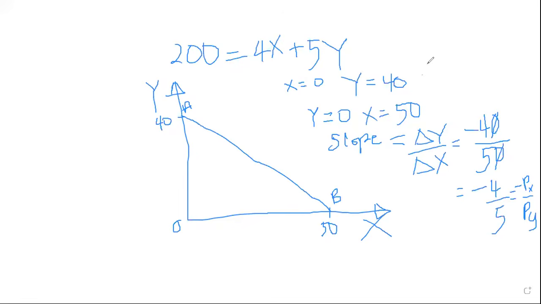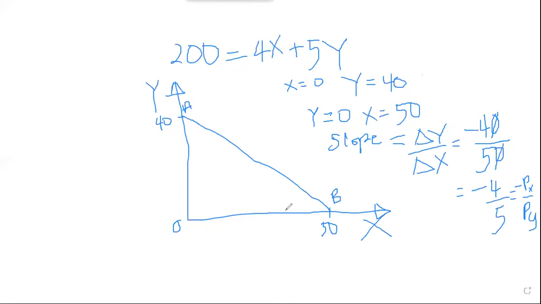I want to know why the 40 changed to negative when we're doing the change in y. I think I've explained that here. Moving from point A to point B, at point A, y is 40 and x is 0. At point B, y is 0 and x is 50. So there's a reduction in y from 40 to 0, a decrease in y. That is why y is minus 40.